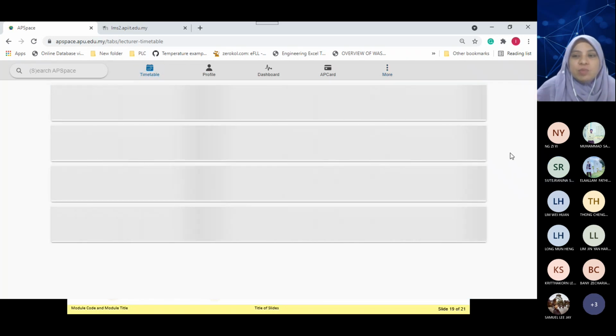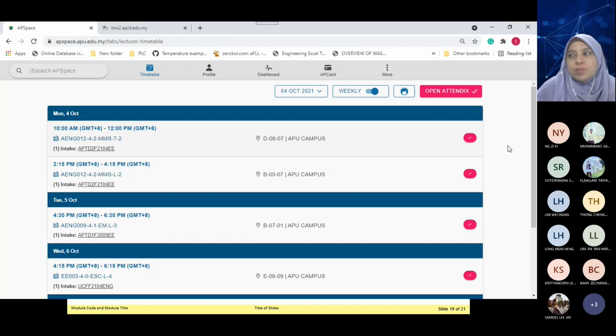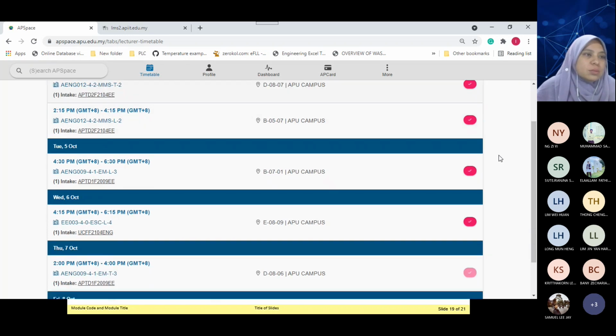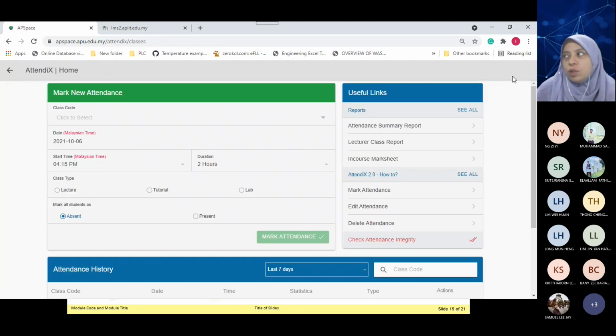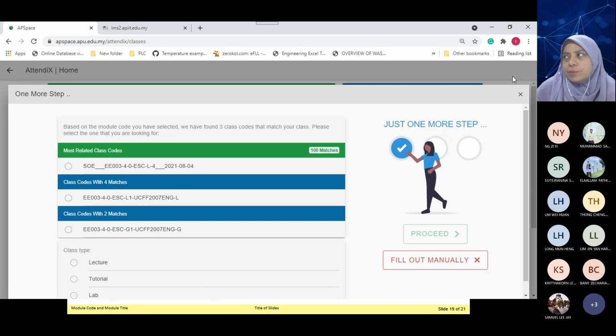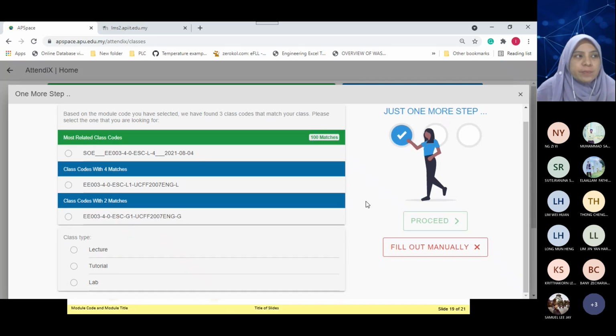But it depends, if you have many graphs or pictures. That's why we cannot specify the pages. For example, I have one assignment for the Industrial 4.0 subject.